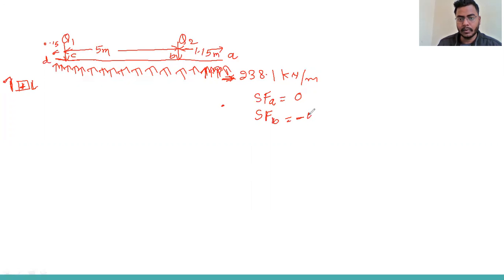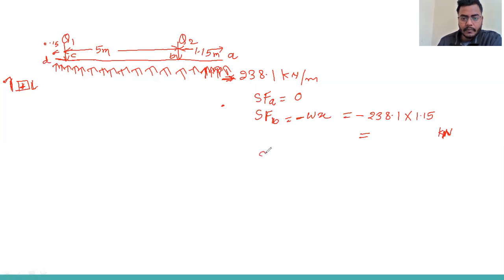So negative W into X. I'm writing a general expression here, where W is the UDL load and X is the distance. So 238.1 into 1.1. What do you get? Just calculate. That will be in kilonewton.